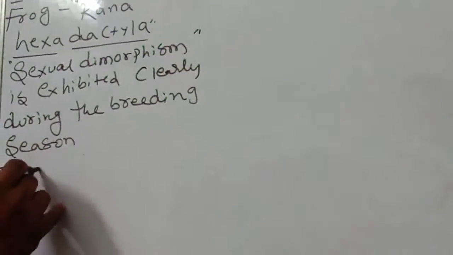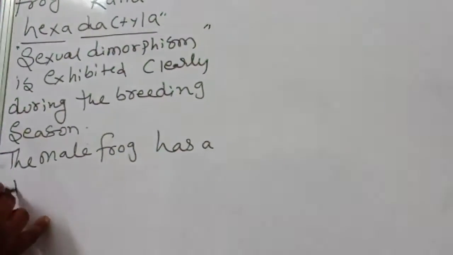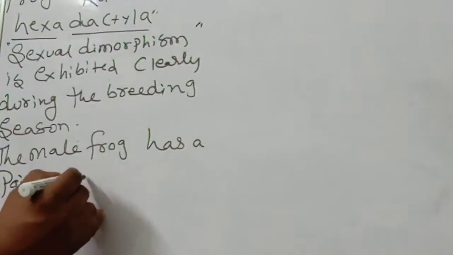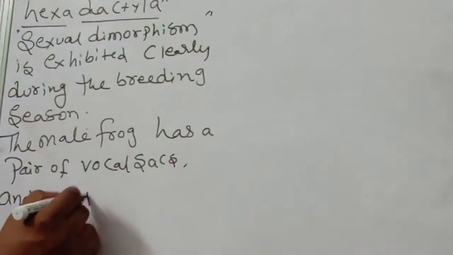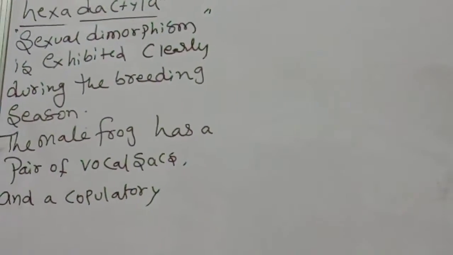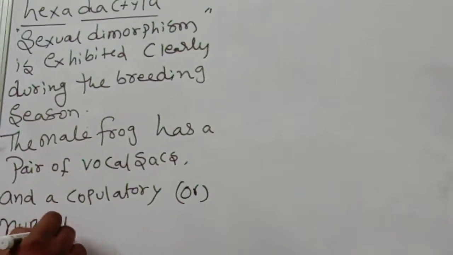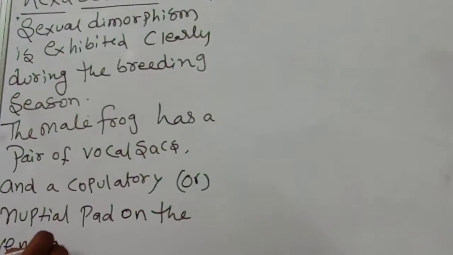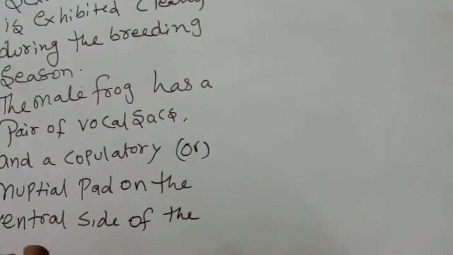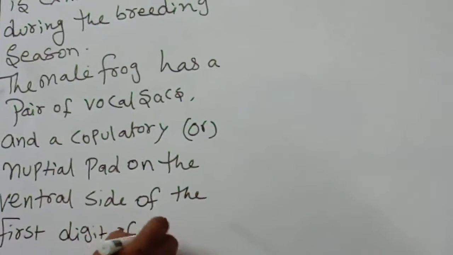Next, the male frog has a pair of vocal sacs and a copulatory, or nuptial pad. The nuptial pad will be present on the ventral side of the first digit of each forelimb.